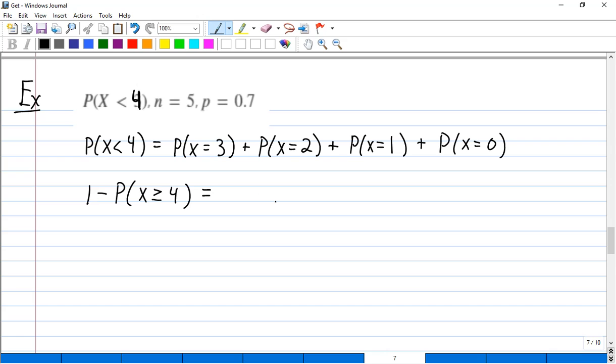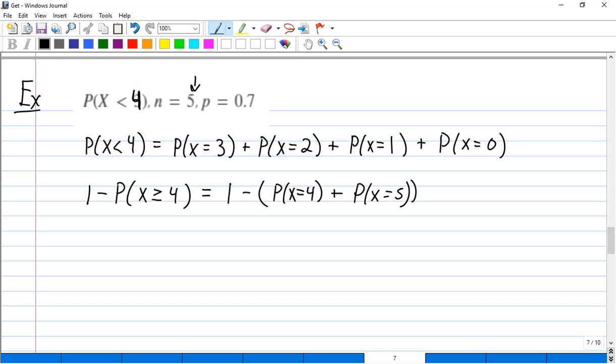The way that I would figure that out is I would say 1 minus the probability that x is equal to 4 plus the probability that x is equal to 5. Since I only have 5 trials, I can't do any more. That's as far as I would go.